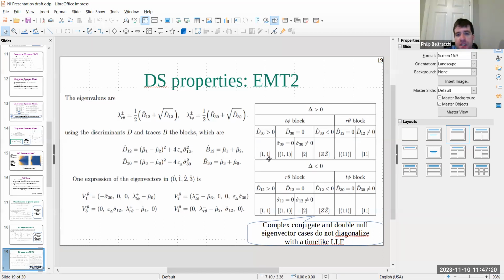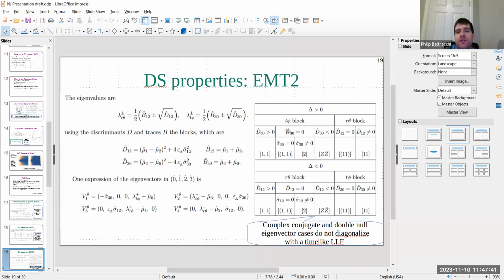They could either have distinct eigenvalues, which would be Segre 1, 1. If this discriminant is 0 and there's no off-diagonal term, then it is Segre 1, 1 degenerate. So we have degenerate T phi eigenvalues.